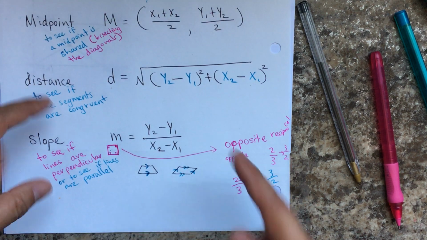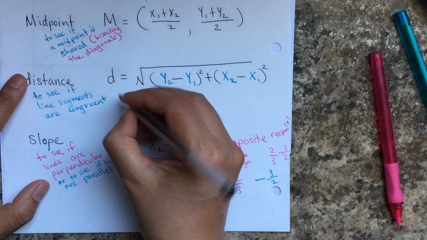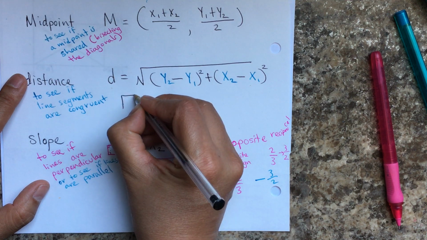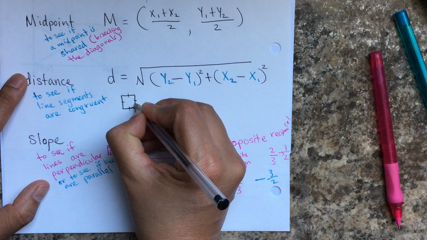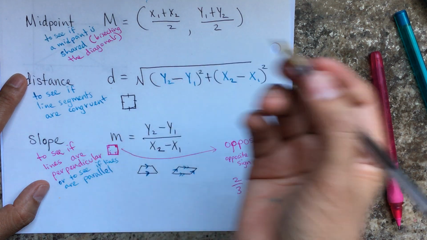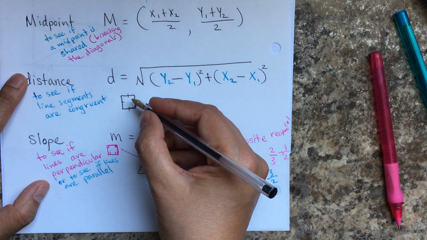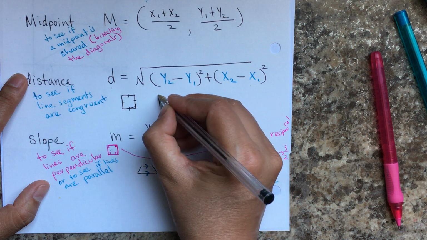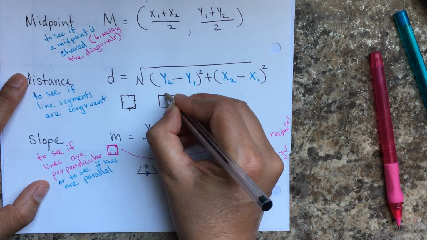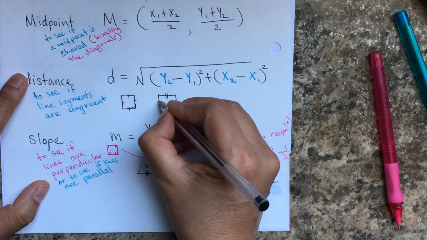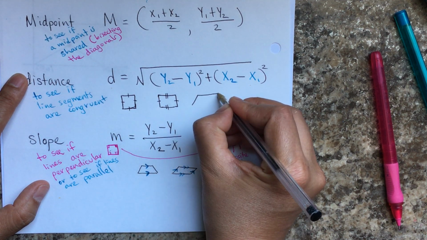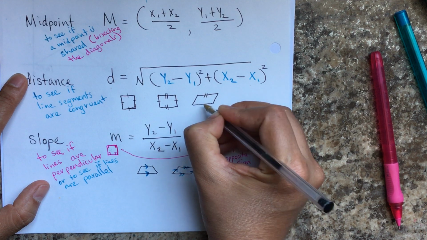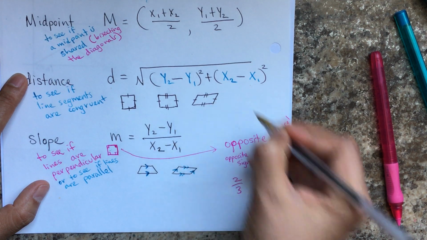The distance is to see if the sides of certain figures, like the square, are all congruent. If they are the same distance, that means that they are congruent, and therefore it might be a square. Also rectangles, this is congruent to this side and this is congruent to this side. Or parallelograms, similar to the rectangle.